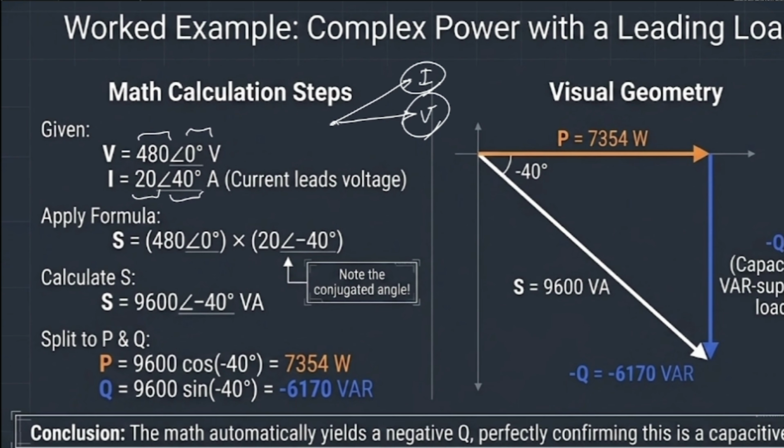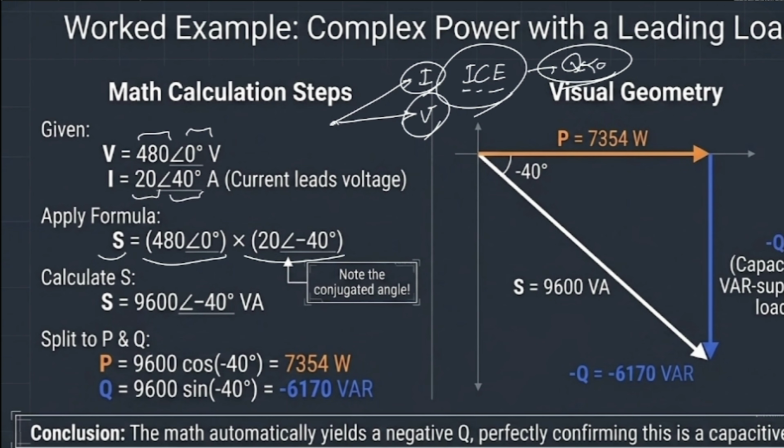Since current leads the voltage, we know it should be a capacitor. Automatically, when we are talking about the capacitor, obviously Q should be smaller than 0 itself. But when we are trying to calculate S, and if you only use I as a positive value, at the end of the day, your Q is going to be positive. That's why we use V times I conjugate.